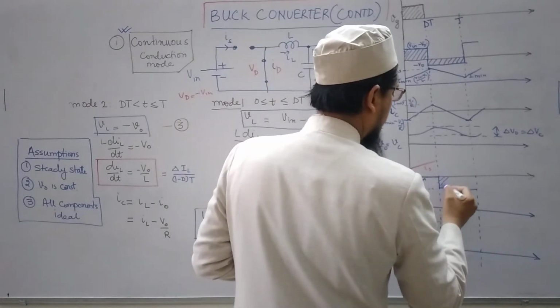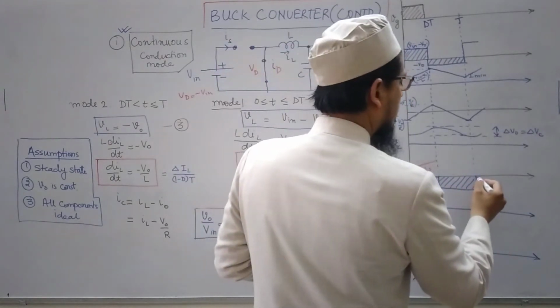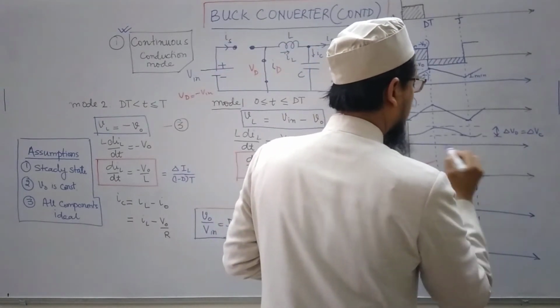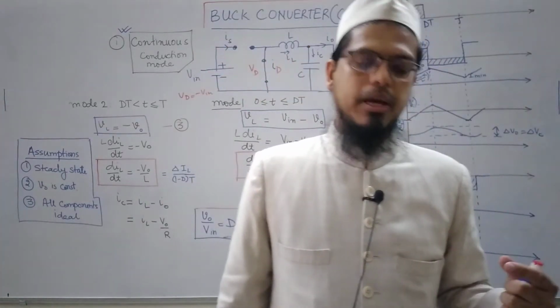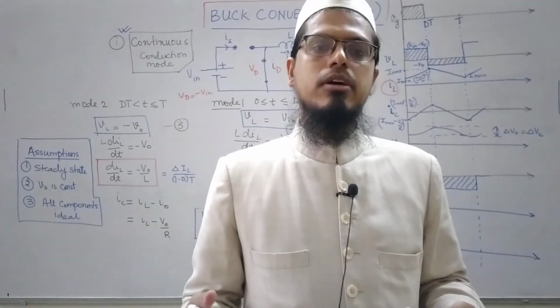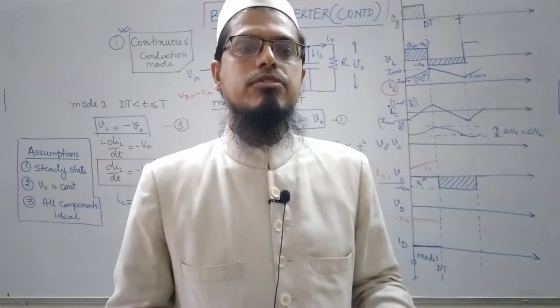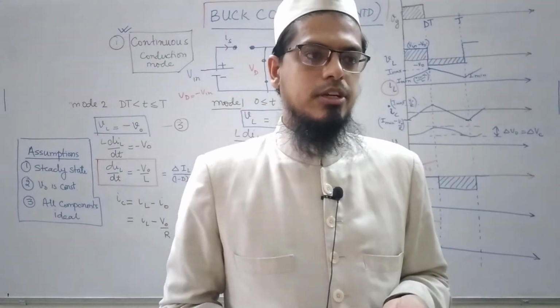So this is your voltage across the switch. This is also called the stress on the switch, and this is a very important parameter in determining the selection of the switch for a particular converter and for a particular application.